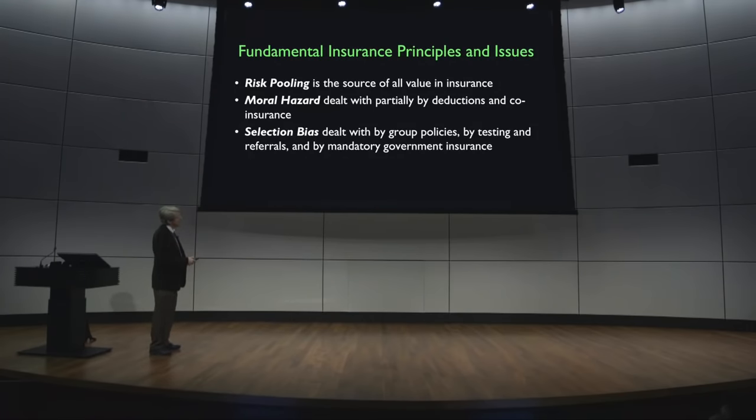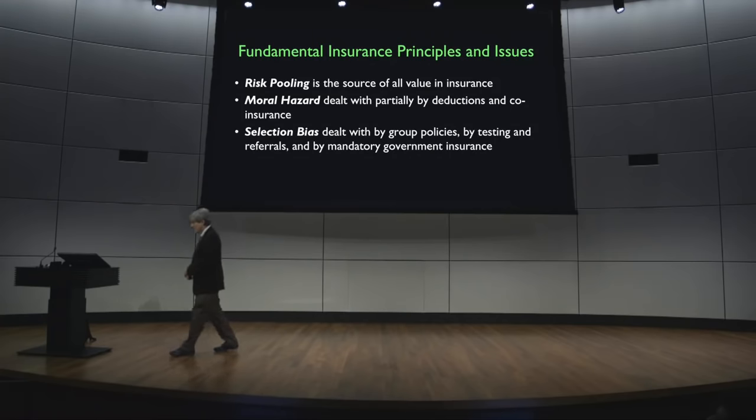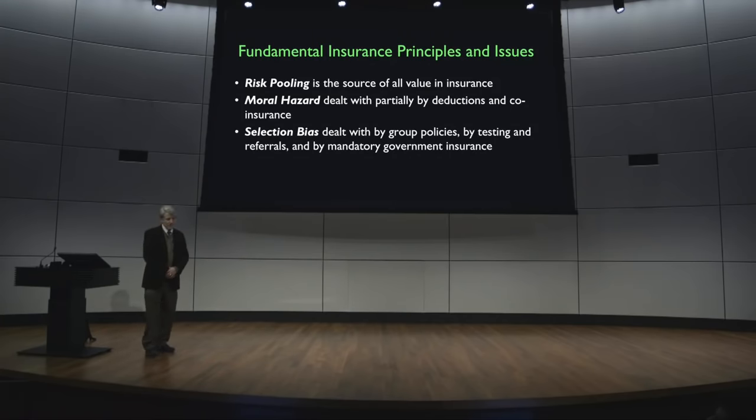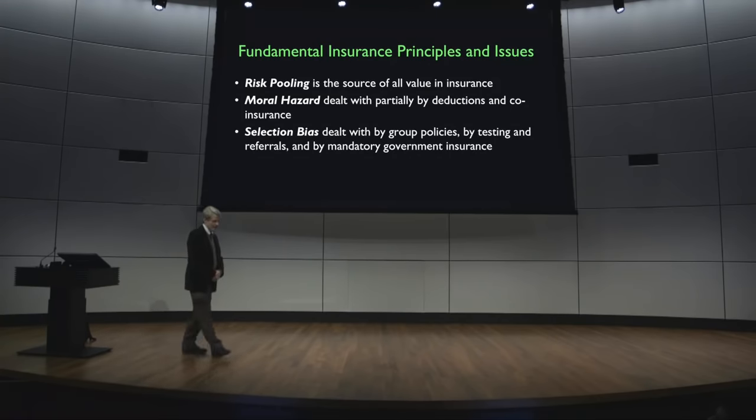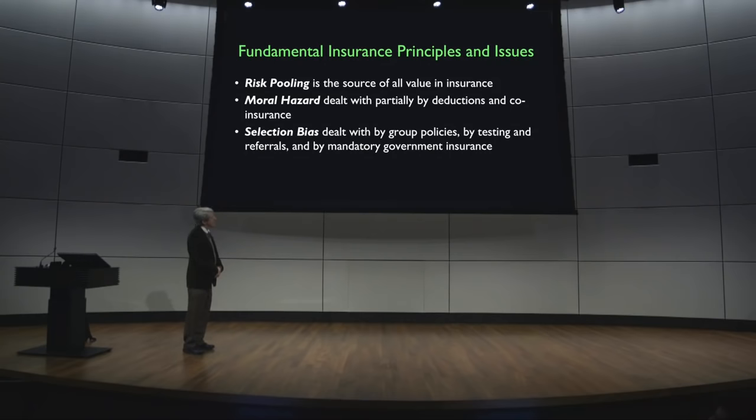The government can make it mandatory that insurance companies do not look at the selection. So Obamacare is known for that: health insurance companies are not allowed to take pre-existing conditions into account.